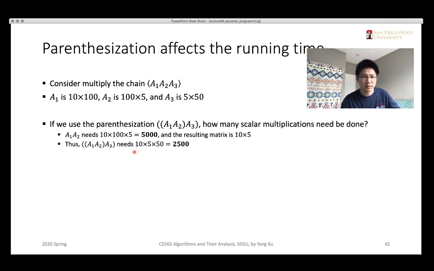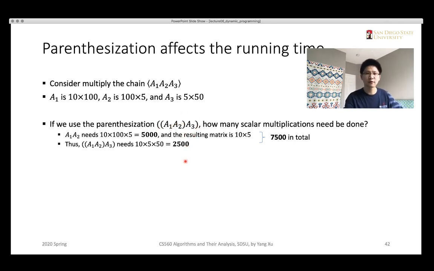Our second step is to multiply the resulting 10 by 5 matrix with A3. In this computation, P times Q times R is 10 times 5 times 50, which is 2,500. And then we are done. So in total, we have 5,000 plus 2,500 scalar multiplications needed if we do the parentheses like this.